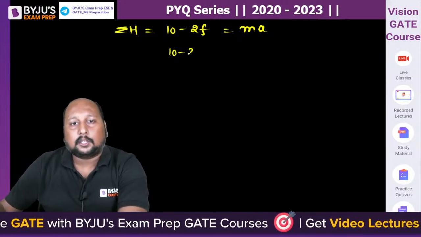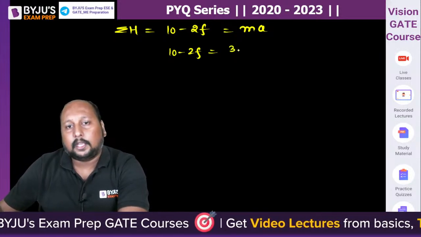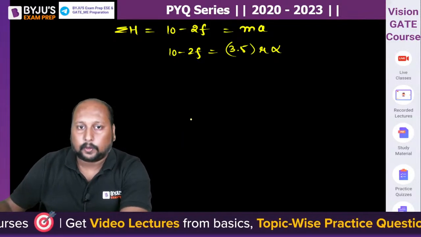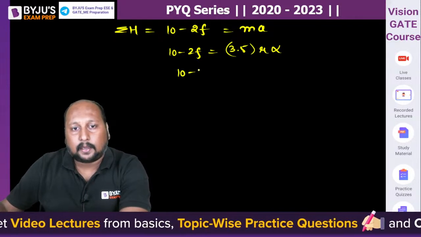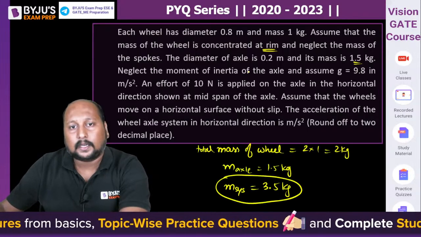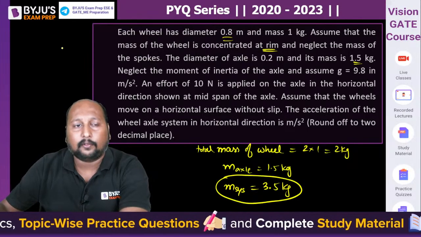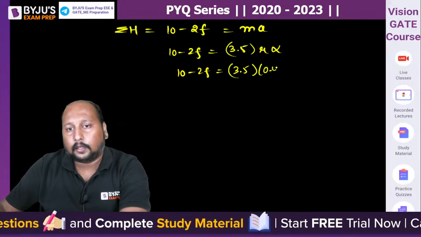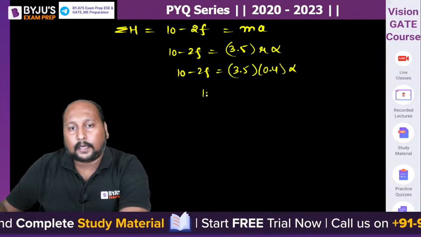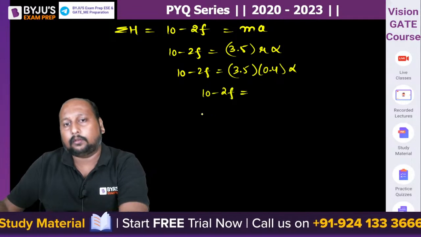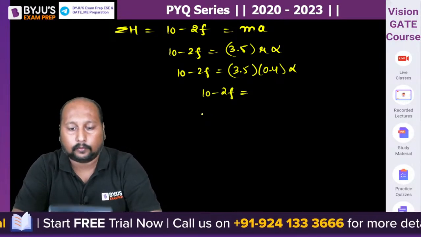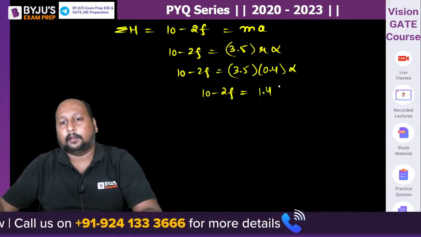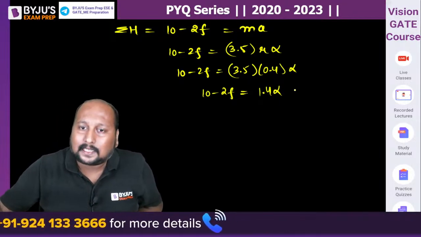So 10 minus 2f is equal to 3.5 into r into alpha. What is the value of r? Radius is equal to 0.4. So 10 minus 2f is equal to 3.5 into 0.4 into alpha, that is 1.4 alpha.